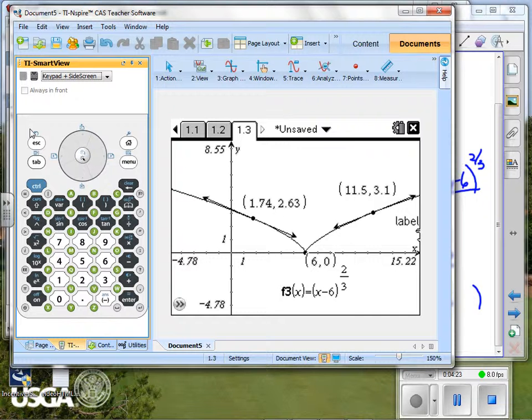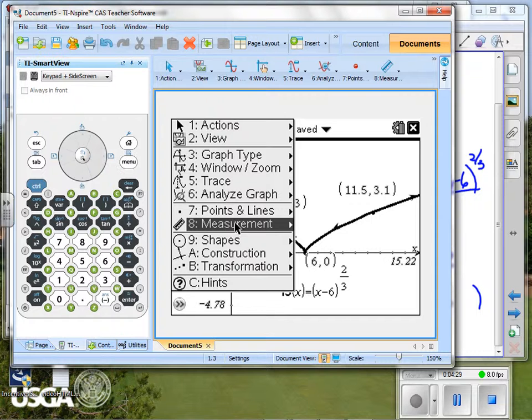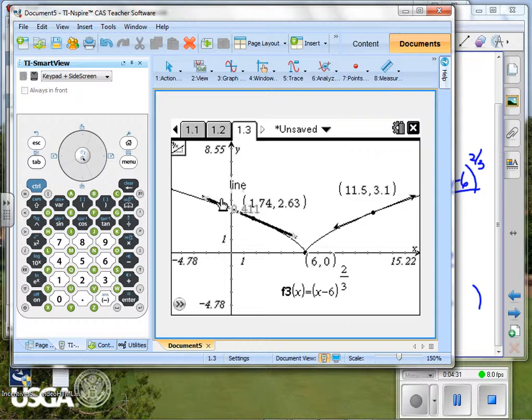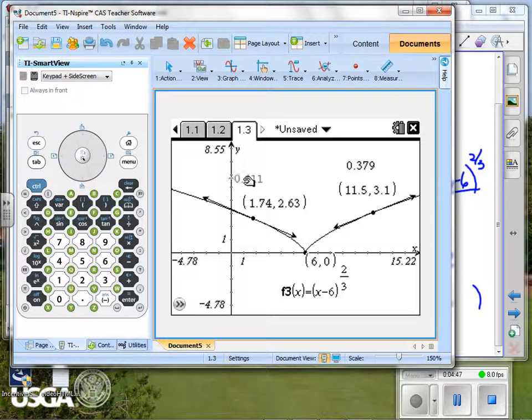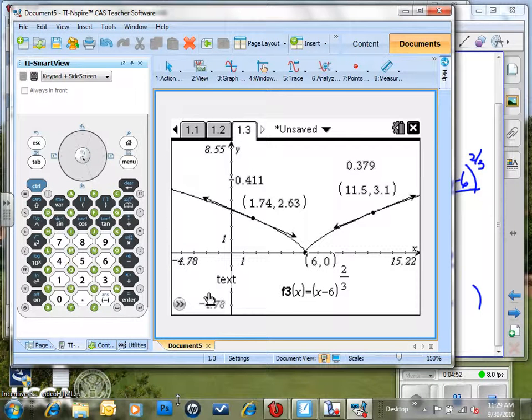We've got the tangent lines. What's the slope of each of these? Menu, measurement, slope. Let's find the slopes of each of these. You can label those as slopes if you want. I'm not going to do that right now, but suffice it to say that I've got the slopes of those tangent lines.